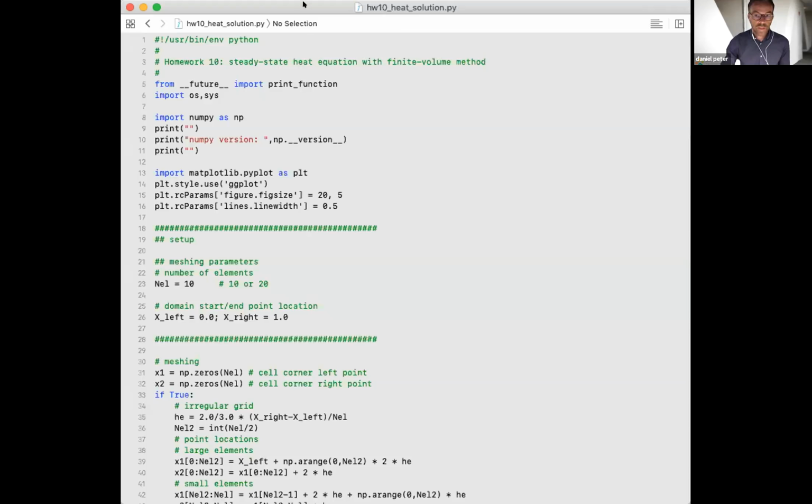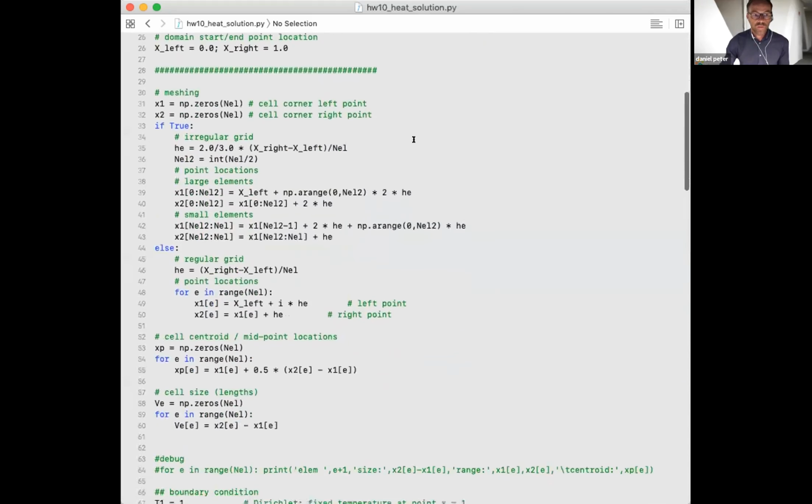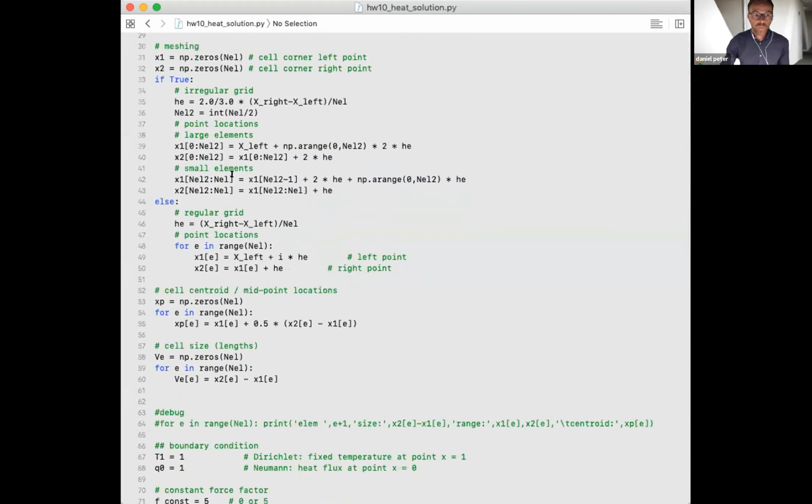So what I will put on the GitHub is the homework, a new homework folder 10 with a Python script, and use a template for that. Let me see if I can quickly show you it in the last minute. So it would look something like that. Homework 10, Python script, where we can now set up like the mesh again.